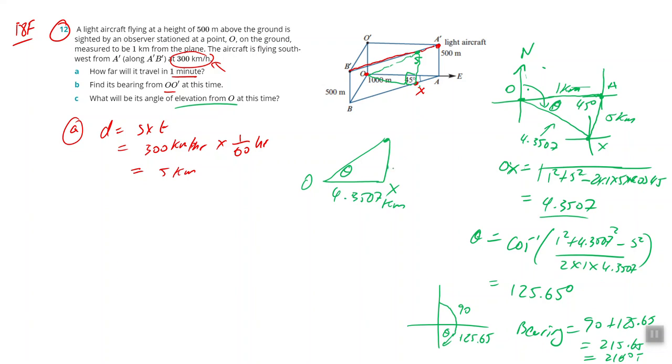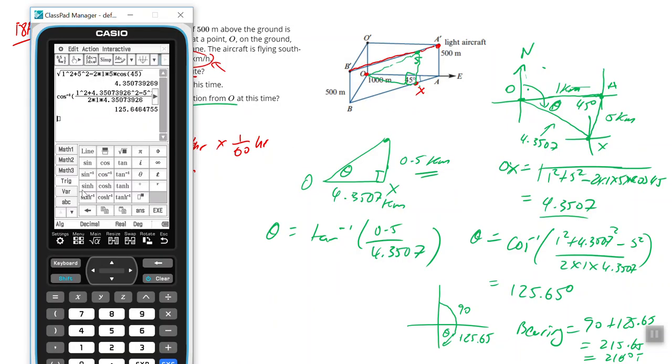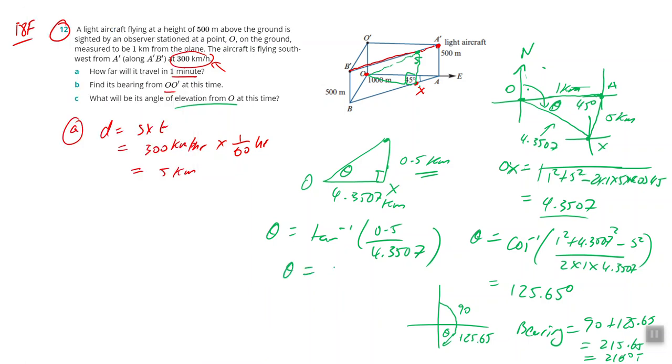The altitude of the plane is 500 meters, so it's 0.5 of a kilometer. You do need to do a unit conversion there. This is a right angle triangle, so it's an inverse tan angle: inverse tan of 0.5 divided by 4.3507. You should get 6.56 degrees. So theta is 6.56 degrees, and that's the angle of elevation.